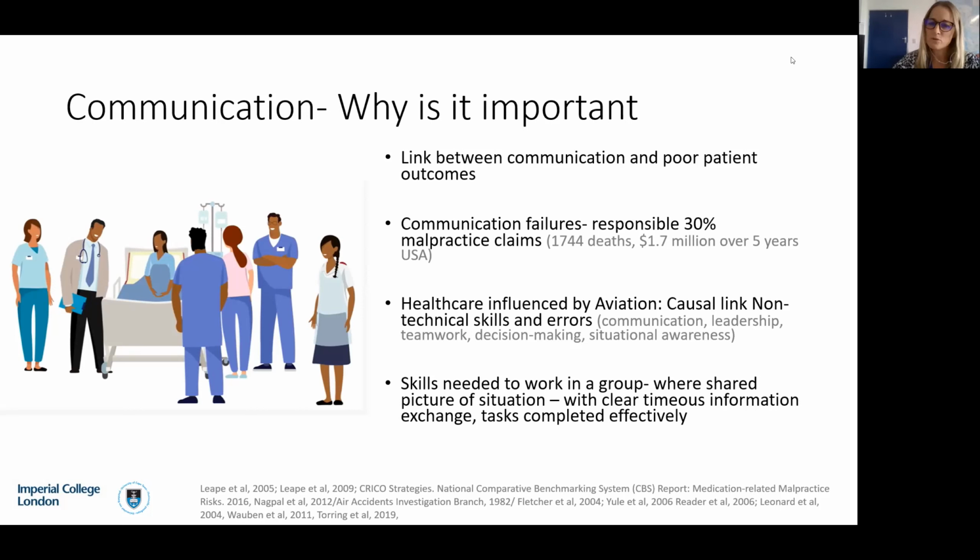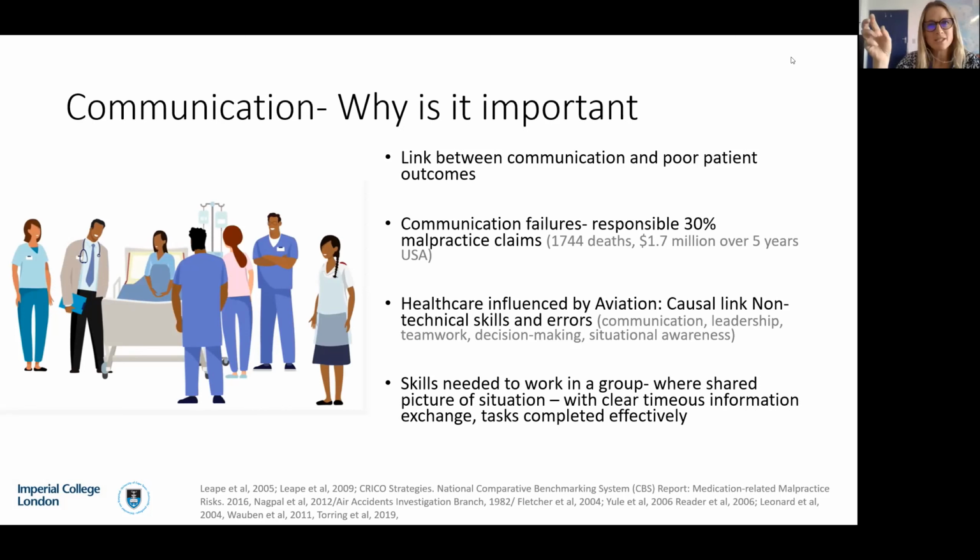I think it's also important to note the influence that aviation has had on healthcare, and it was especially around the 1970s where aviation found a strong causal link between non-technical skills and errors.